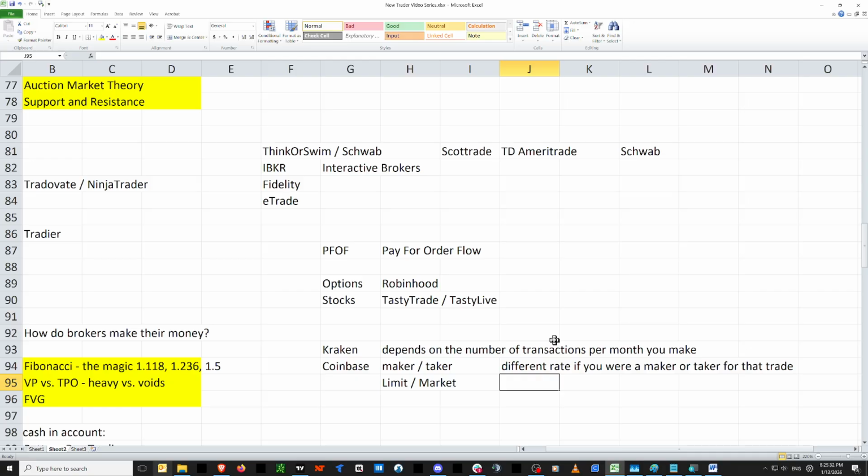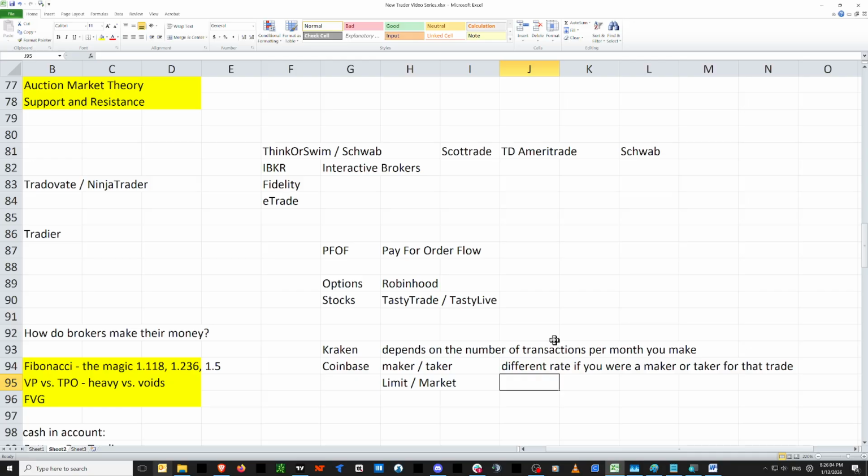You get a cheaper rate because you were willing to put liquidity into the market by saying, I'll take that if it gets here. Not until it gets here, but if it gets here, I'll take it. You announced this to the market, and that's called a maker. But if you market in and you market out, then you are a taker and you get charged a higher commission.